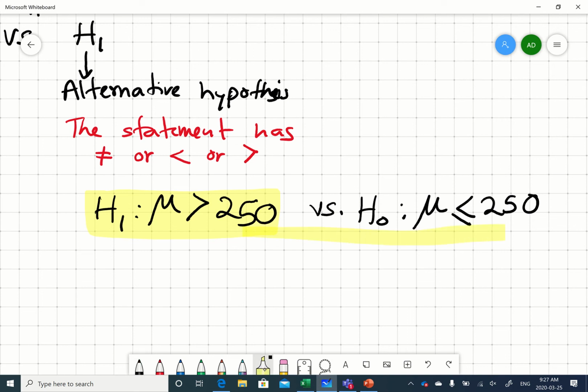So in conducting a hypothesis test, you need to read the question and figure out whether the given statement is null or alternative. If it's null, you build the alternative on your own. If it's alternative, you build the null on your own. So in the test, we are testing one against the other. At the end of the test, we are going to accept one or the other side, right?